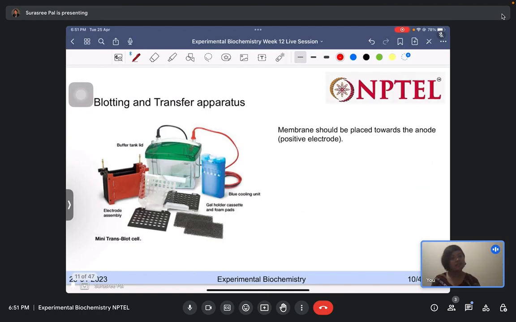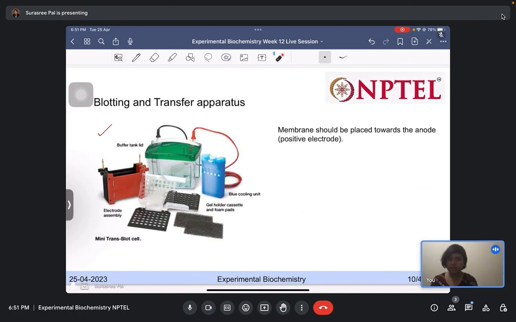Now this is the next step, that is the blotting and transfer. So this is a setup that we can use for transfer, and here you can see that there is this transfer apparatus, right? And in this transfer apparatus there is this cassette. This cassette has electrodes.